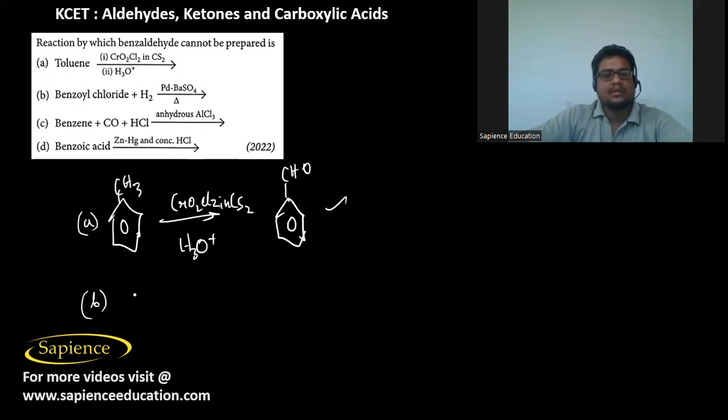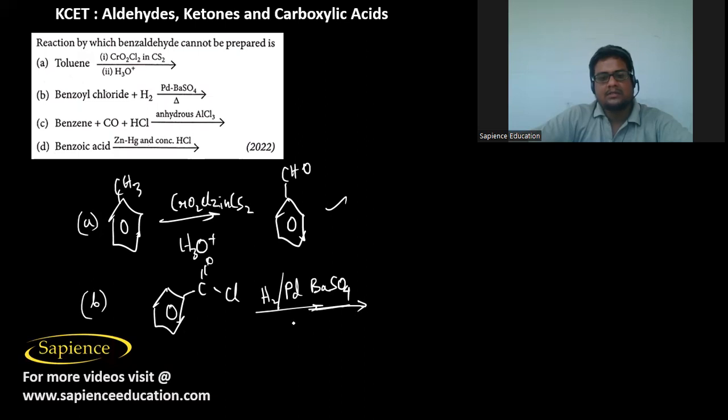And in option B it is benzoyl chloride, which is COCl, and it will react in the presence of H2, Pd and BaSO4, which is called the Rosenmund reaction. Then it will form the benzaldehyde again.